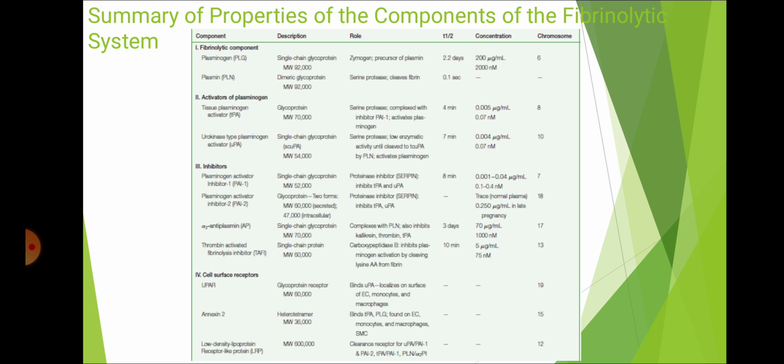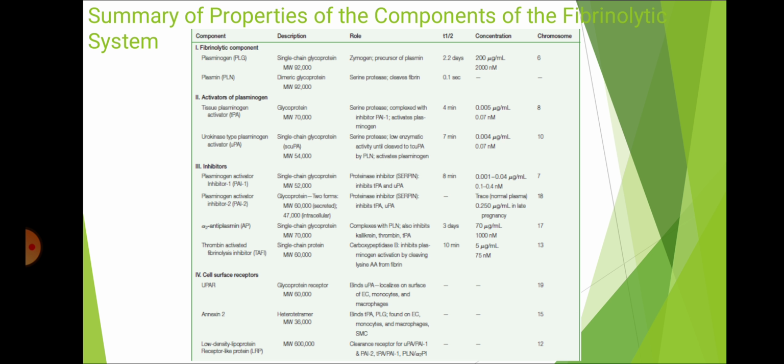The next is the activators of plasminogen, that are tissue plasminogen activator and urokinase type plasminogen activator. Tissue plasminogen activator is a glycoprotein which forms a complex with inhibitor plasminogen activator inhibitor 1 and activates plasminogen. And the second is urokinase type plasminogen activator, which is a single chain glycoprotein.